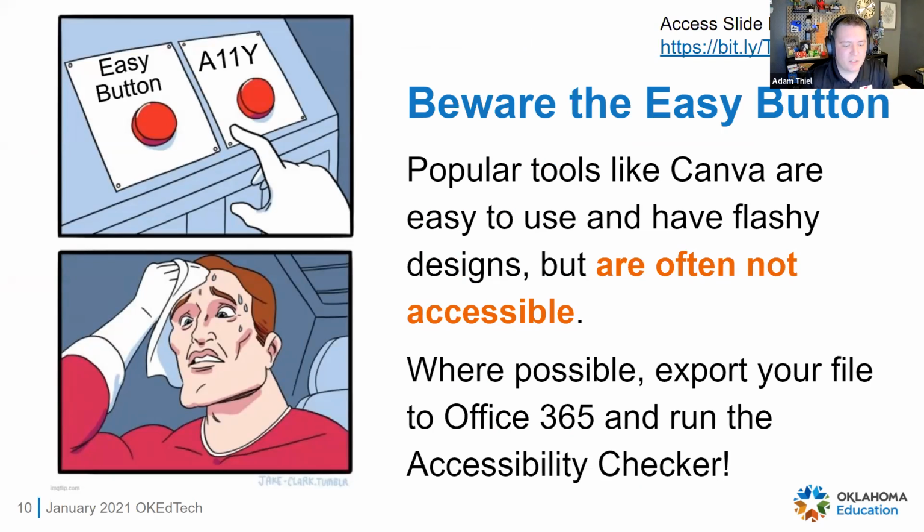But I wanted to give a word of warning, as it were, to beware the easy button. There's a lot of popular tools that come and go that look really slick and they make your life super easy and they're amazing and you love them, but often they're not accessible. And so the example that I like to give on that is Canva.